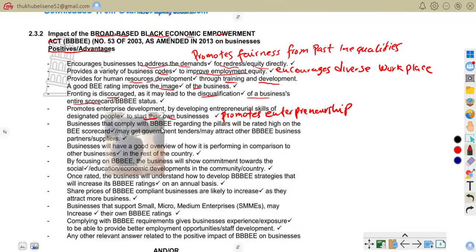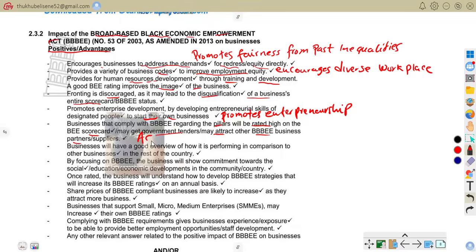Businesses that comply with BBBEE regarding the pillars will be rated high on the BEE scorecard and may get government tenders and may attract other BBBEE business partners or suppliers. So that is that. Meaning to say, access to tenders. Here we are talking about what?